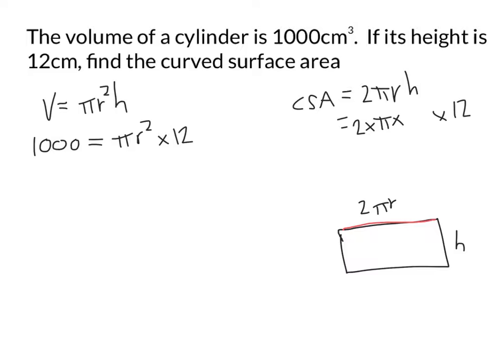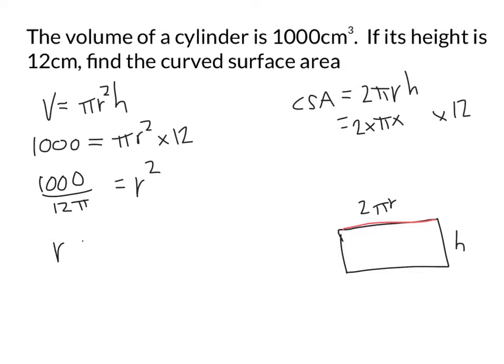We can do this in steps, small steps, or we can do it in one go. But basically, the r squared is multiplied by pi and multiplied by 12. If you're to get r squared on its own, you'd have to divide both sides by pi and by 12. So if we divide the left hand side 1000, if we put 12 pi on the bottom, that will divide 1000 by 12 and divide it by pi.